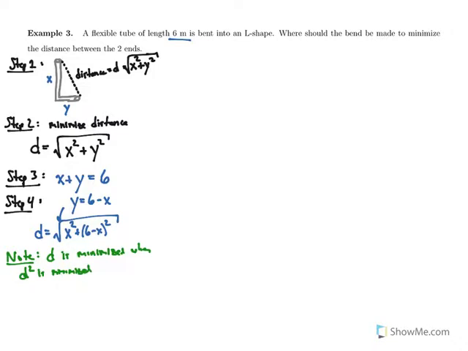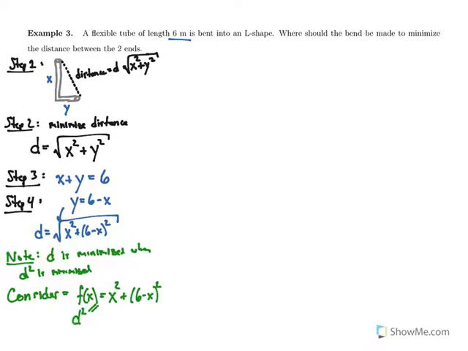And that's just a fancy way of saying that, so we don't have to deal with the square root, we're just going to consider f of x equals x squared plus (6 minus x) squared. This is equal to d squared.